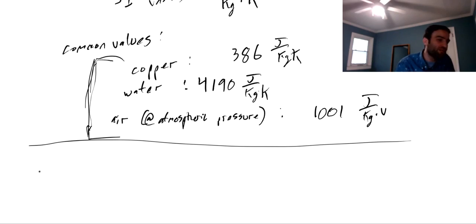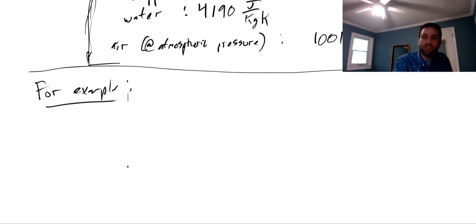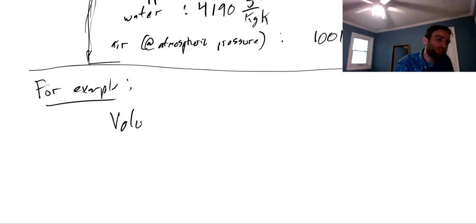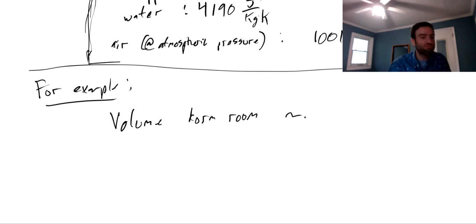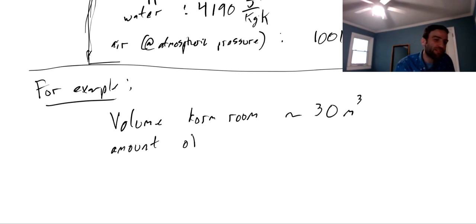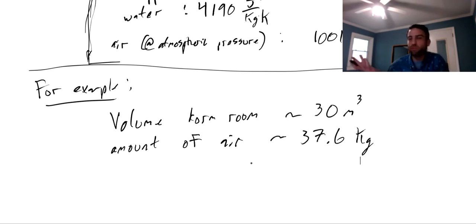So, for example, the volume of, say, a dorm room might be, just ballpark, 30 meters cubed. And the amount of air in that volume might be something like, I worked this out earlier, say 37.6 kilograms. Remember, the density of air is a little bit bigger than 1 kilogram per cubic meter.